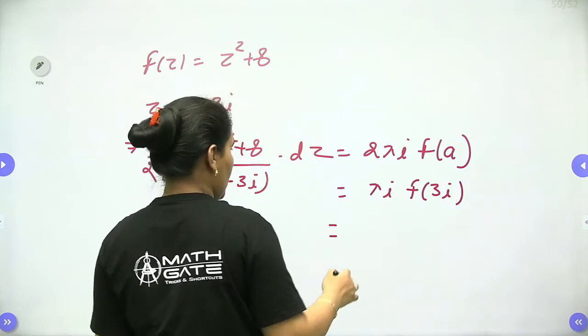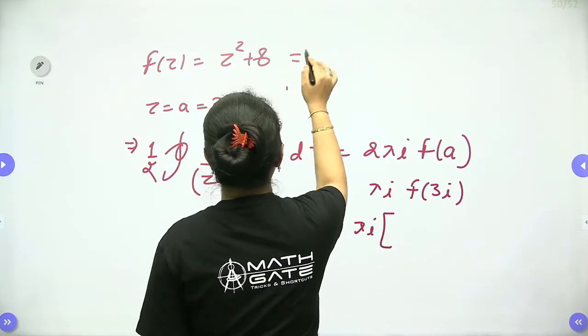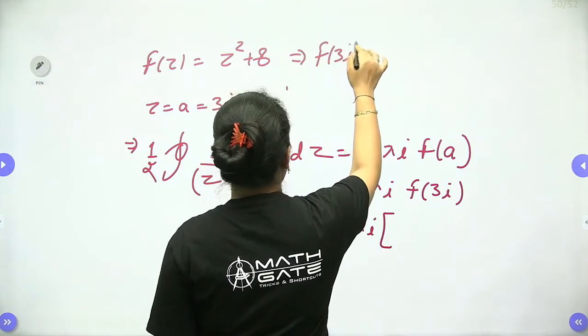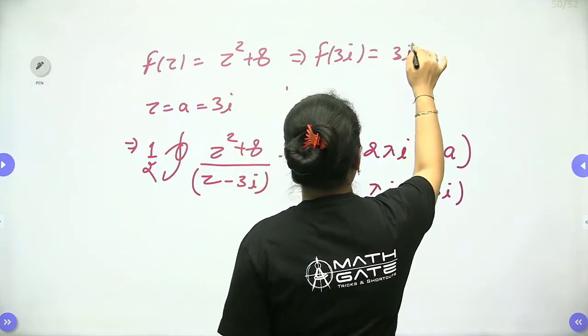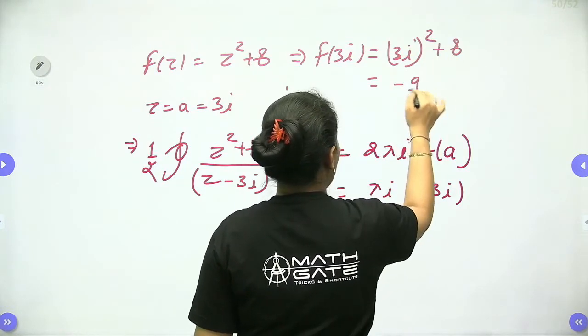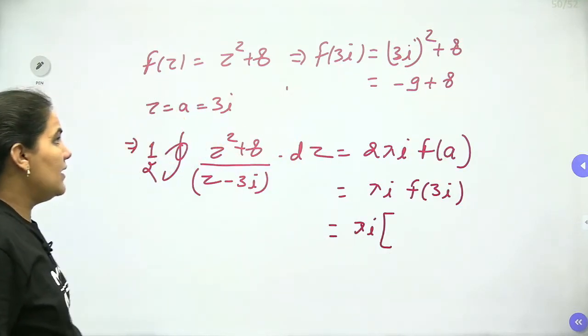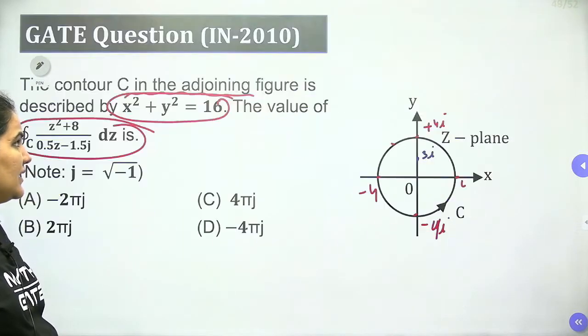When we put 3 iota, it will be 3 iota whole square plus 8, which is minus 9 plus 8.